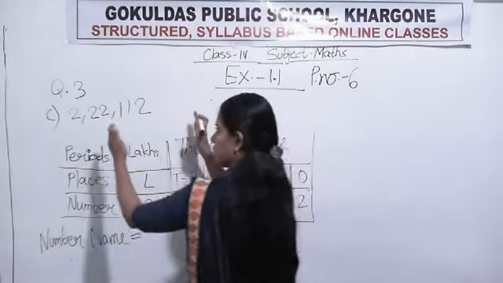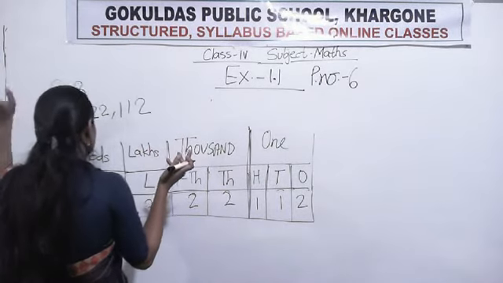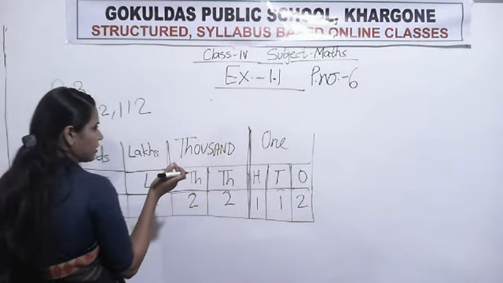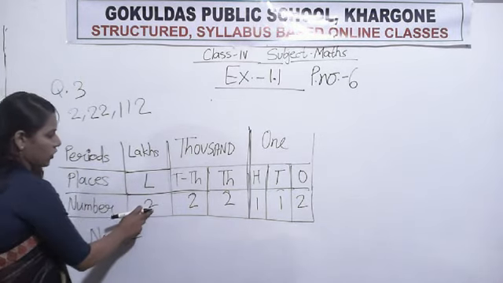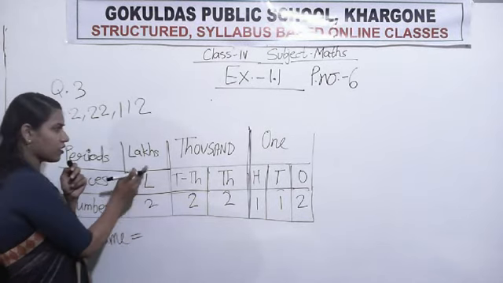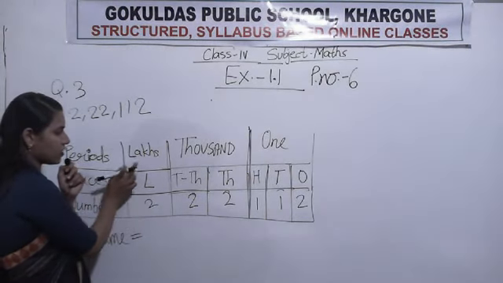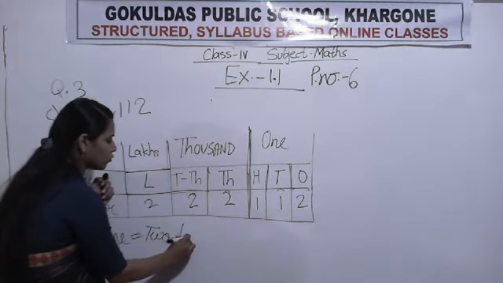So this is the number, this is my right hand, this is the right side, and this is the left side, so you will start reading the number from this side. Here only 2 is written in the lakhs period, so 2, then what is its period?